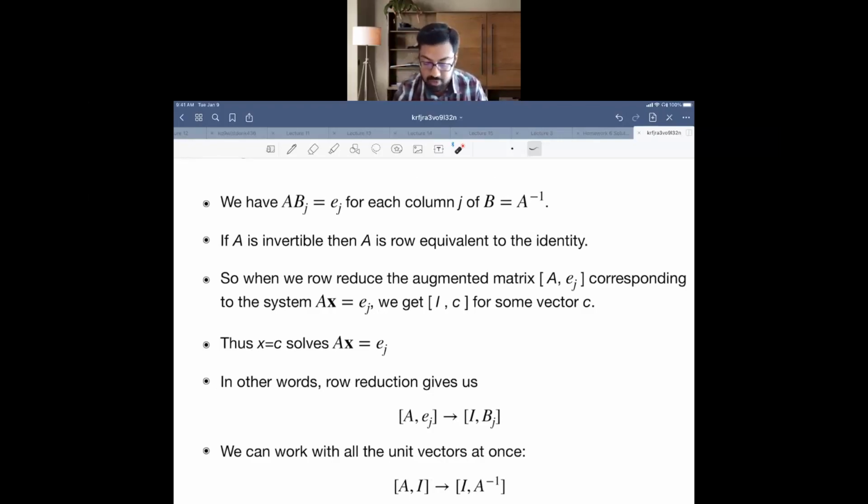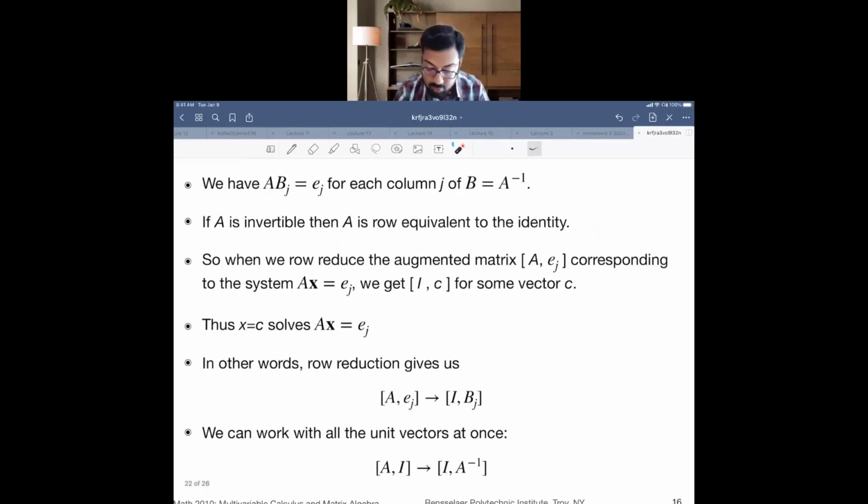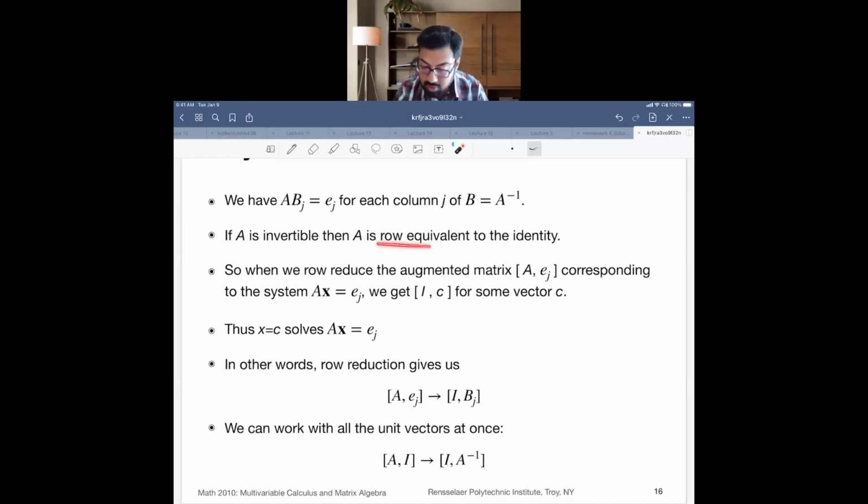So all those 5 conditions. If A is invertible, then I can also say that A is going to be row equivalent to identity. So if you have row equivalent to identity, what we can do is we can form this particular matrix A with Ej. That's going to be your identity matrix, which corresponds to this particular system, Ax equals Ej, Ej being the jth unit vector.